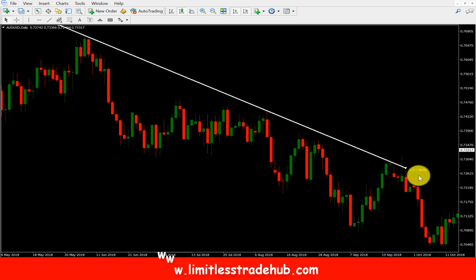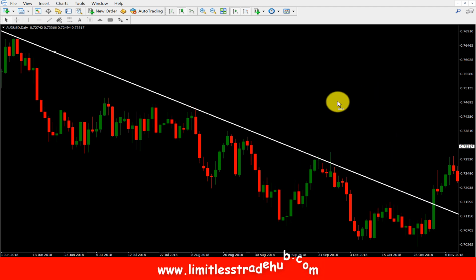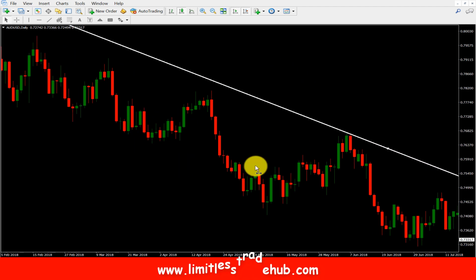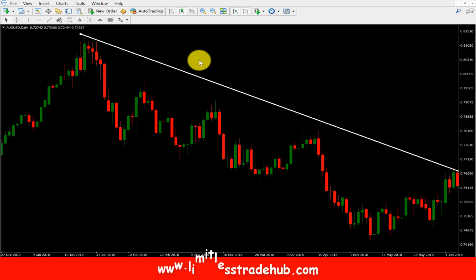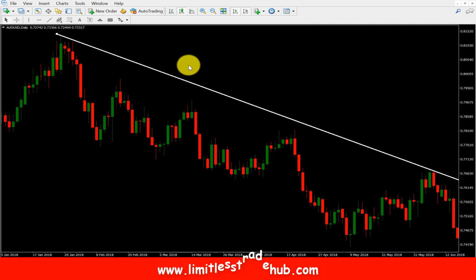Like this is our trend line. This is our trend line. So now we can see with open eyes that although this is a downtrend, we will now analyze it by drawing our trend line and our swing points.